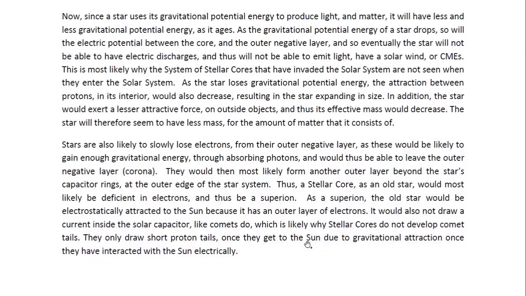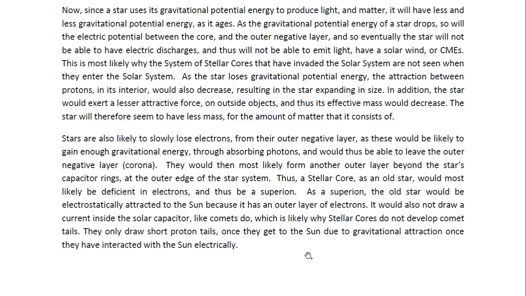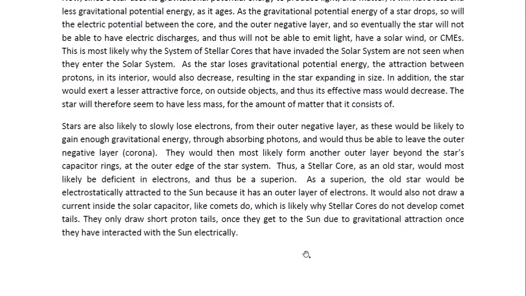Thus, a stellar core as an old star would most likely be deficient in electrons and thus be a superion. As a superion, the old star would be electrostatically attracted to the Sun because it has an outer layer of electrons. That is, the Sun has an outer layer of electrons.